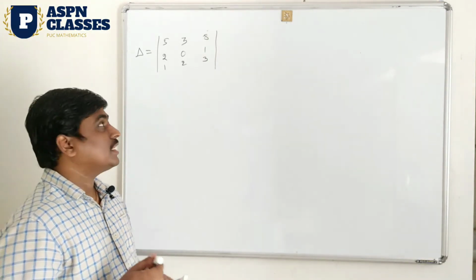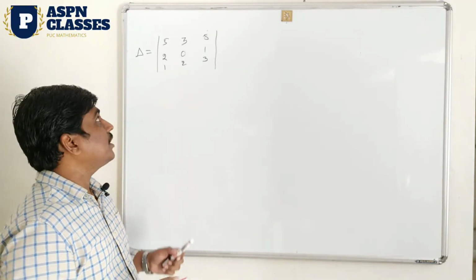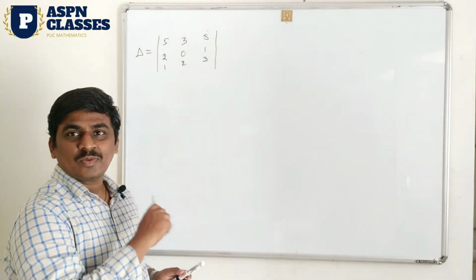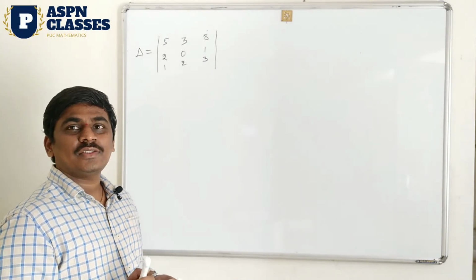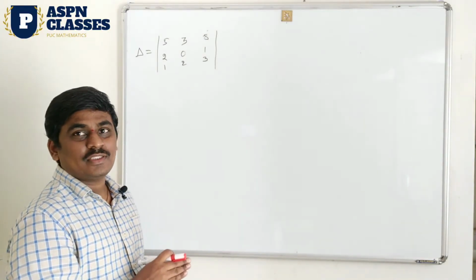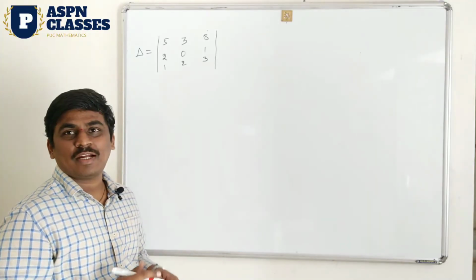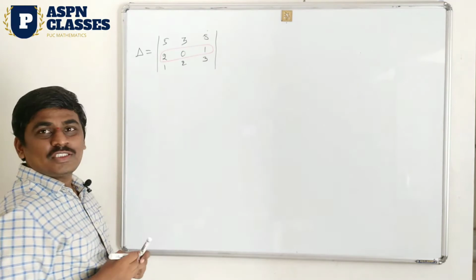Here, what is the question? Evaluate the delta value. I think you already know how to find a 3 by 3 determinant by taking expansion along the first row or second row, but in this case you have to use the cofactor values, the second row cofactors. What is the formula?